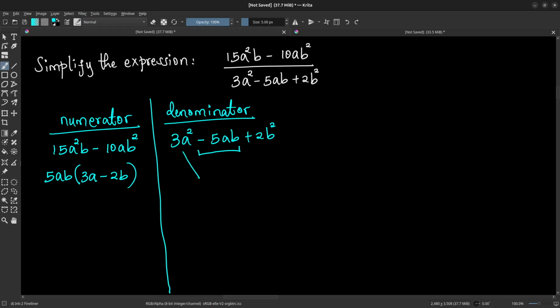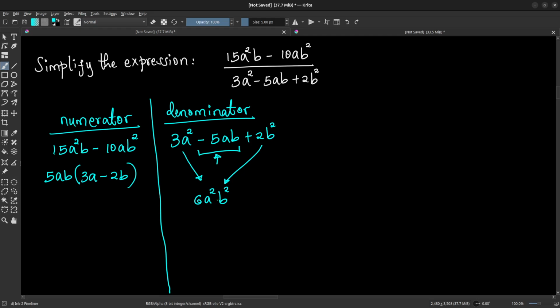The two terms will be such that when they are multiplied, they give us 3a squared times 2b squared, which is 6a squared b squared. And when they are added together, they should give us the center term, negative 5ab.